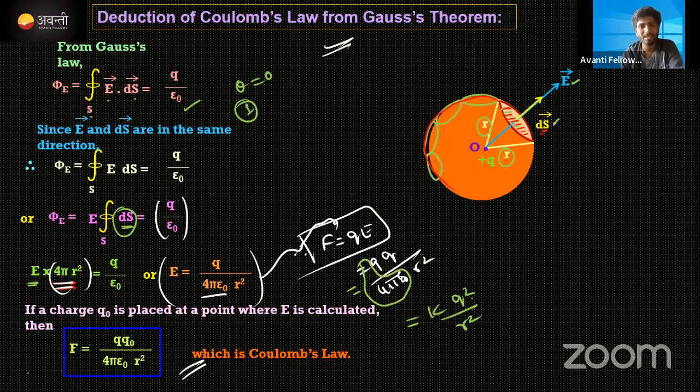Okay, for your CBSE portion it is very important. A 3 marks question can be asked from here. Is it clear? How we deduce Coulomb's law? Is this Coulomb's law derivation clear for everyone?